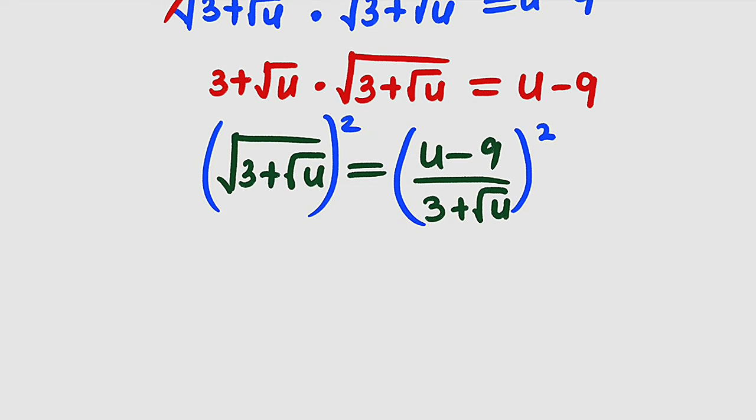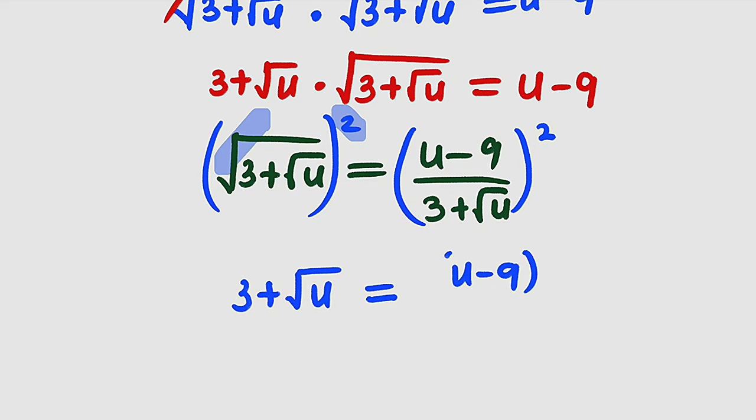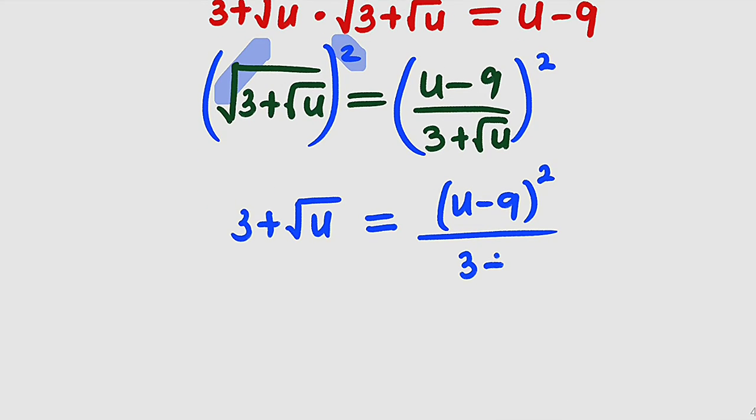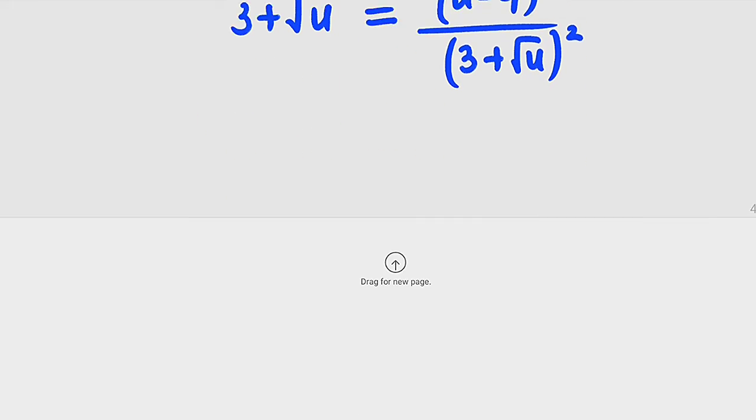The power of 2 will clear this square root, so this will cancel this. What do we have left? We have 3 plus square root of u, and this is equal to u minus 9 squared divided by 3 plus square root of u also squared.